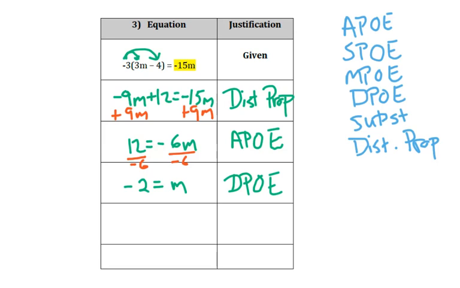This means -2 is the only number we can substitute in for m to make this equation true. Now to place this in set notation, we do brace, and we say m such that m equals -2.